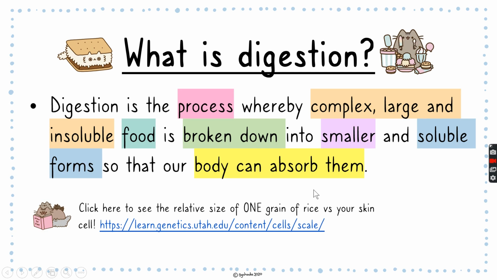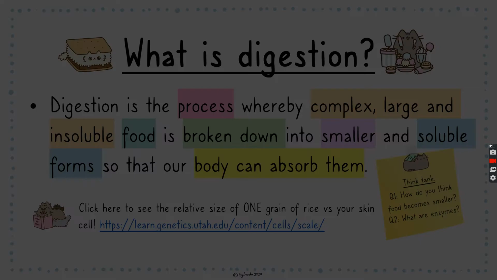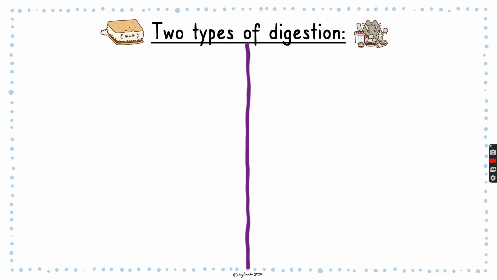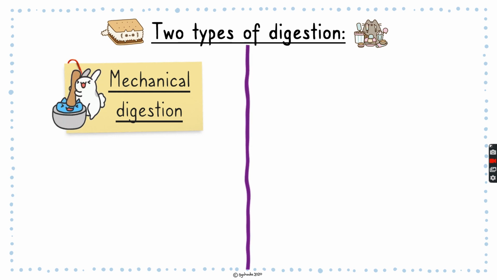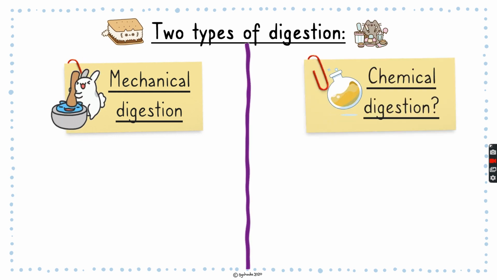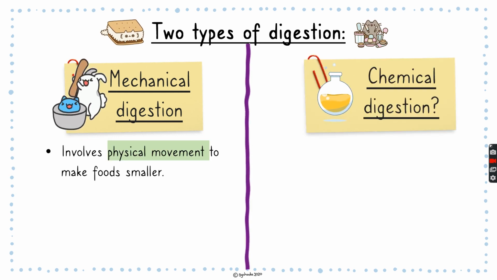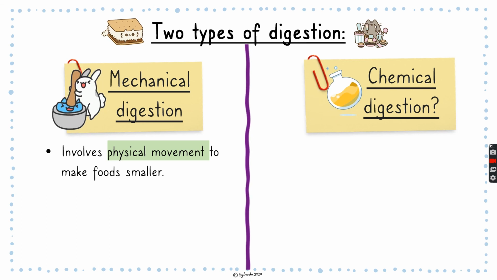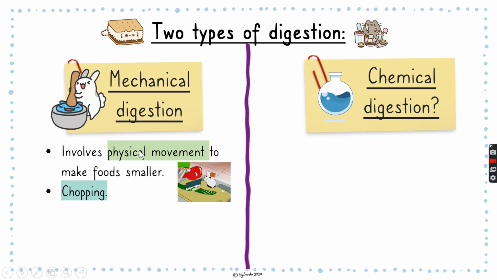Okay, so digestion, remember, is the process whereby complex, large, and insoluble food will be broken down into smaller soluble forms so you can absorb them into the body. There are two types of digestion we're talking about here: mechanical digestion and chemical digestion. Mechanical digestion involves physical movement to make the food smaller.